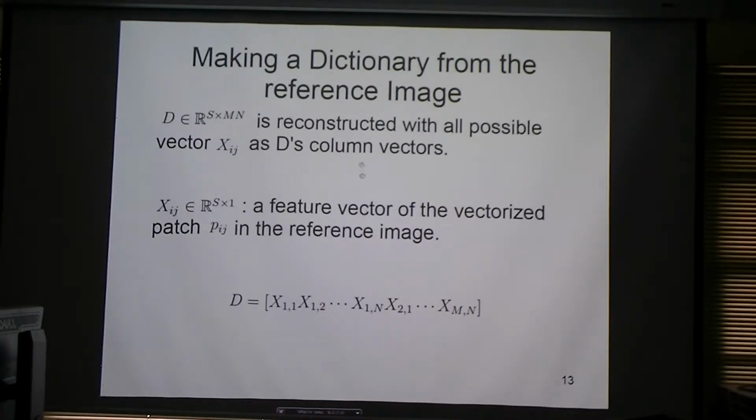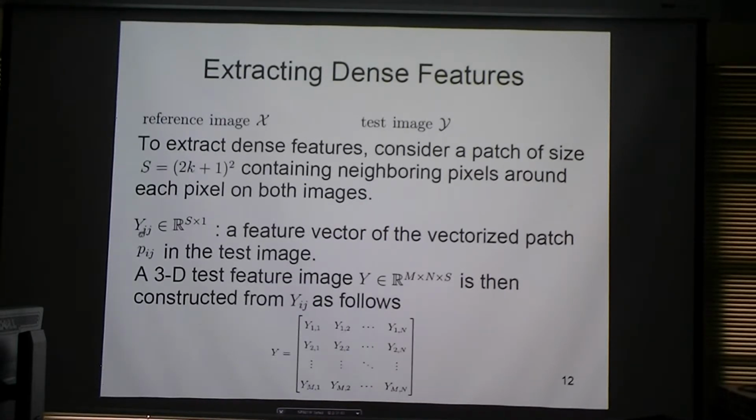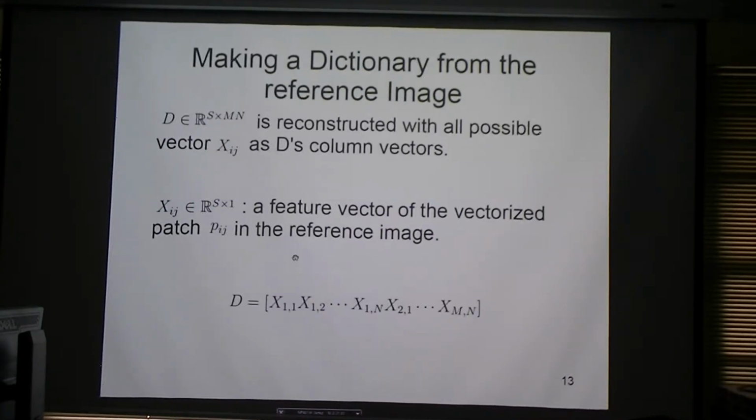The next step is making a dictionary from the reference image. We define D as S by MN, reconstructed with all possible vectors Xij as D's column vectors, where Xij is the same as Yij here, but instead of the test image pixels we use the reference image pixels.